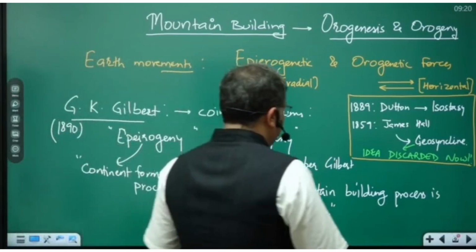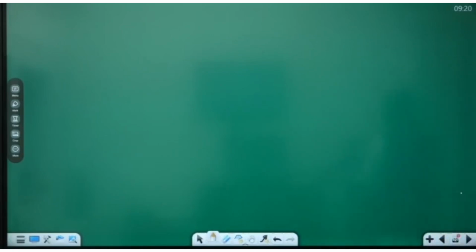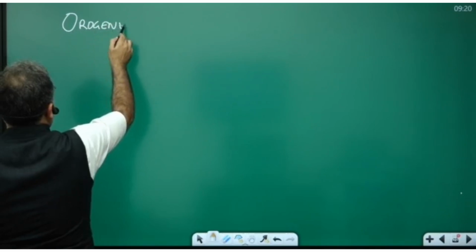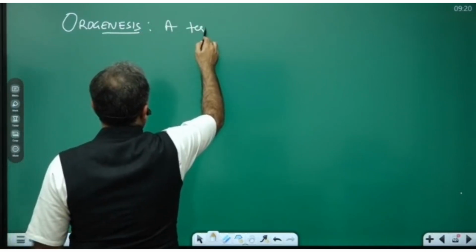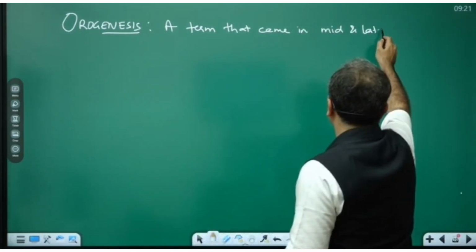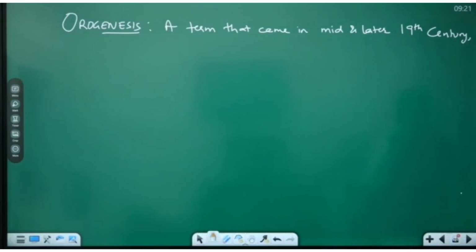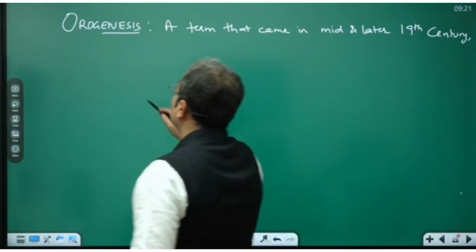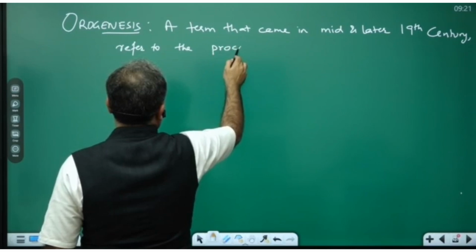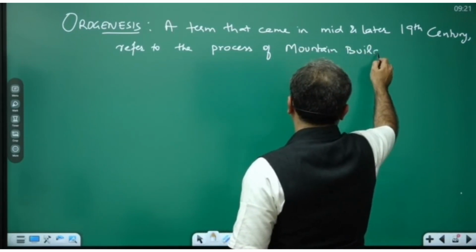Now, if I have to define these terms, orogenesis, a term that came in the middle and later 19th century, refers to the process of mountain building.